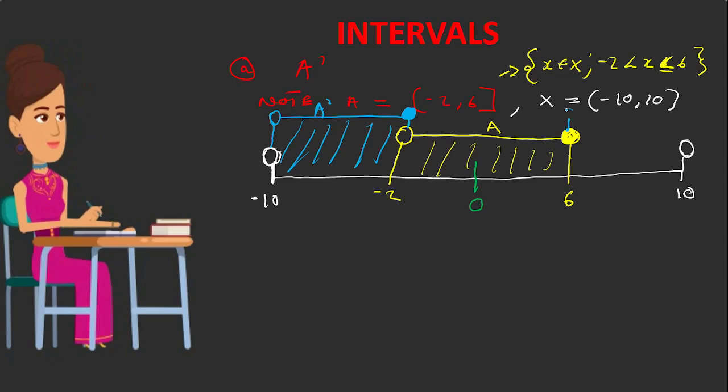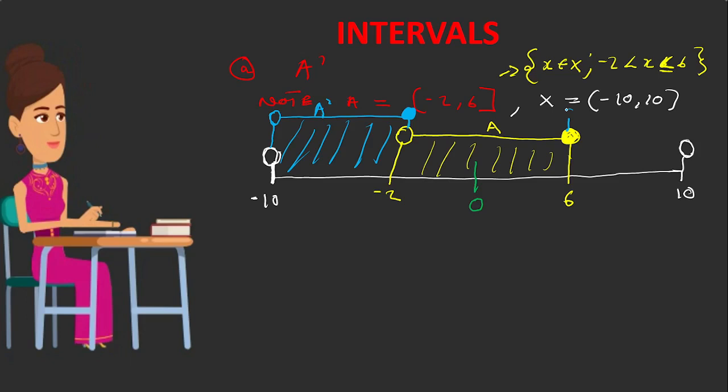Your question is about 6 being part of the complement. Okay, you're asking the same thing: how did -2 become part of the complement?